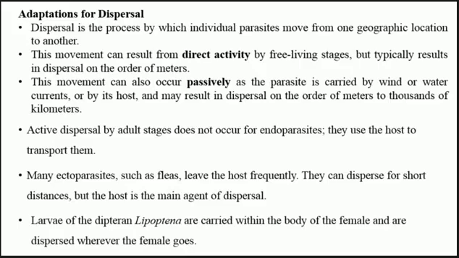In active dispersal or active movement, adult stages generally do not occur for endoparasites because they are in the host, but in ectoparasites such as fleas, a flea can fly, leave a host frequently and disperse for a short distance, but the host is the main agent for dispersal, remember.